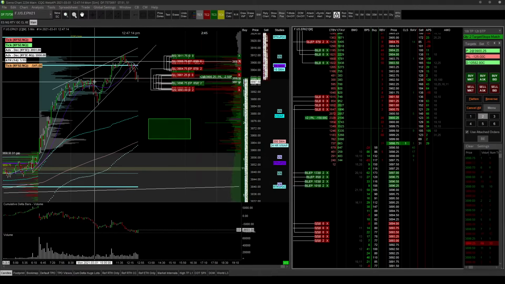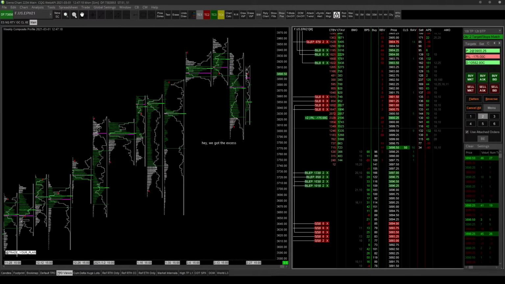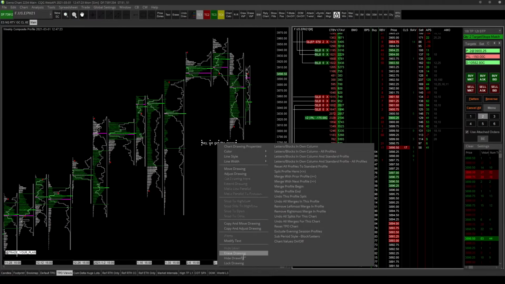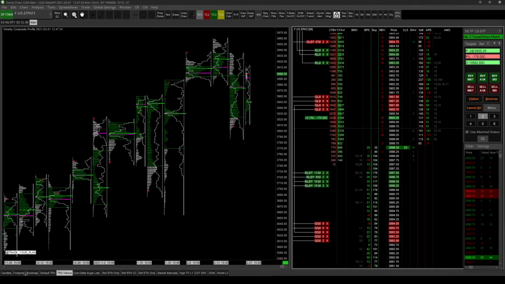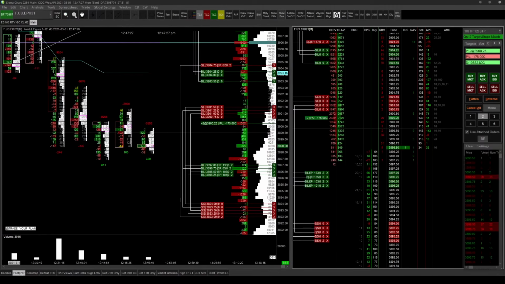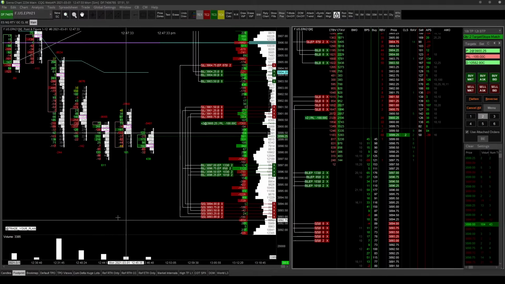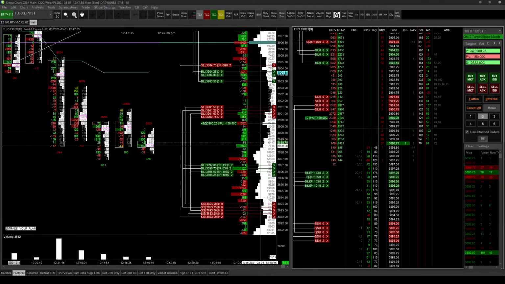Was that the entry right there at 97.50 and that's it? Right, there's the volume node.